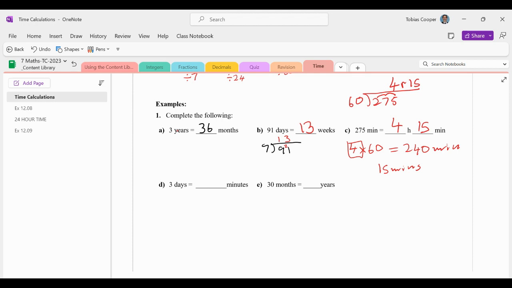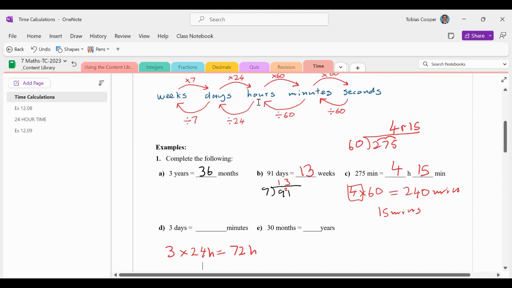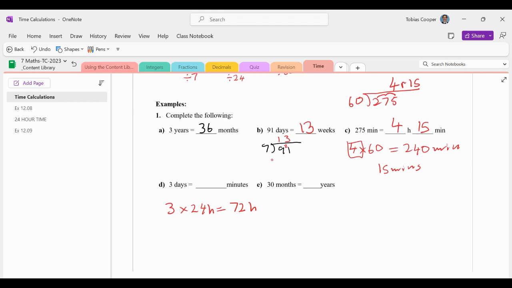Okay, so let's do that. 3 times 24, and that should work out to be 72, shouldn't it? 72, but that's hours. Okay, 24 hours in a day, so 3 lots of 24 is 72 hours. We know that each hour has 60 minutes, so if we go back to your diagram, hours to minutes is times 60. So then you're going to go 72 times 60.